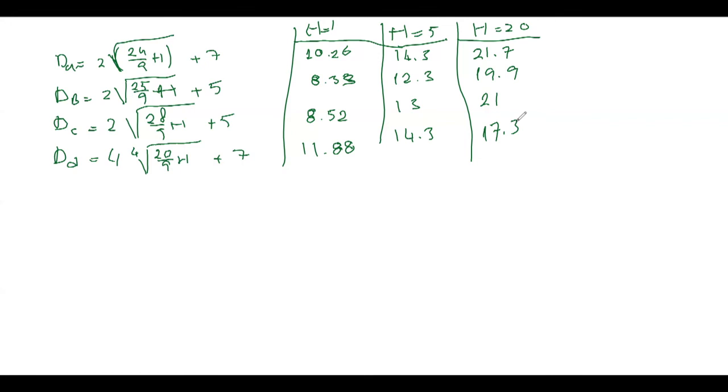As you can see, the second one is the best for h equal to 1, again the second for h equal to 5, and here the last one is the best. As expected, the last implementation will give you the least delay when H is a great number, or when we have a high electrical effort. And this is the end of this lecture. Hope to meet you in the next lecture.